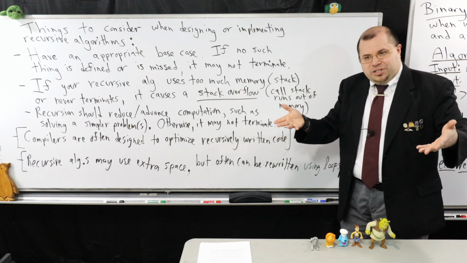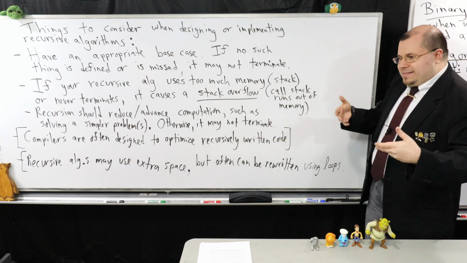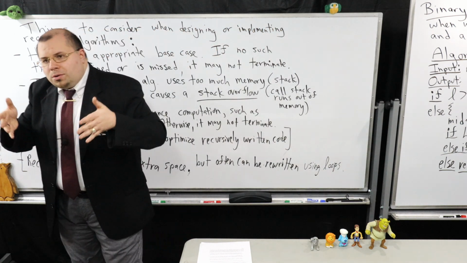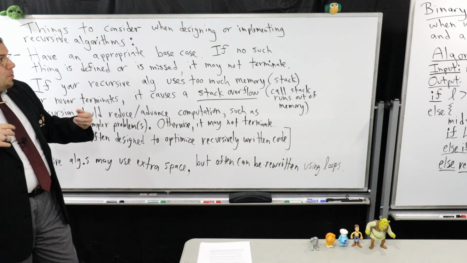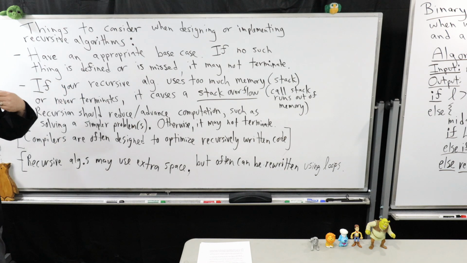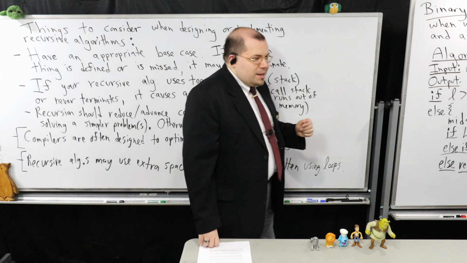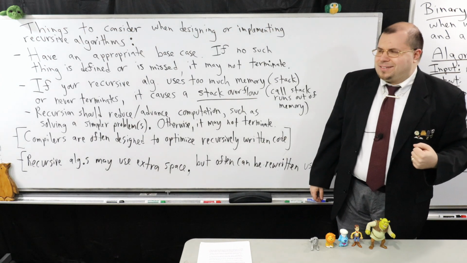It has a recursive case, but also at some point you're going to get the problem to where it is so small or easy to solve, or you've got the problem to a point where it's what you want to eventually get to, which is kind of vague for me to say. Like I said, I'm talking about a broad class of algorithms. Make sure you define this base case. There can be many base cases.